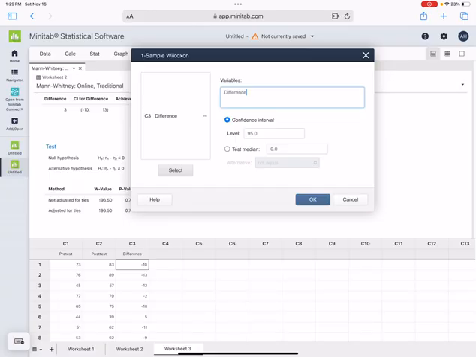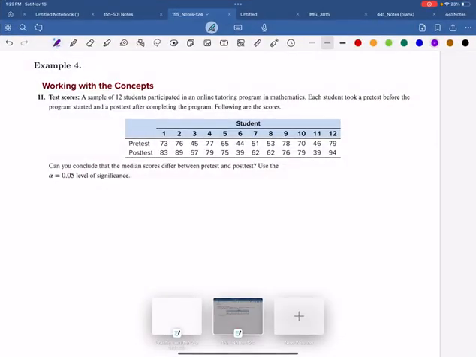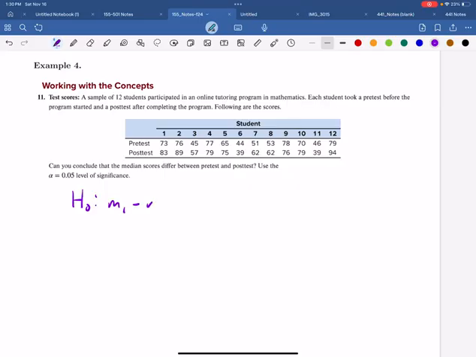Now, on the one hand, you could use the confidence interval of whatever they wanted, but let's see what they say. Each student took a pretest. Can you conclude there's a difference between pretest and post-test? So maybe before we even crunch the numbers, let's write our hypotheses down. M1 minus M2 equals 0.